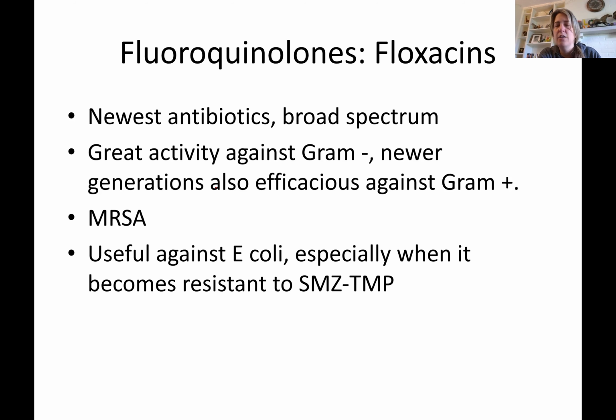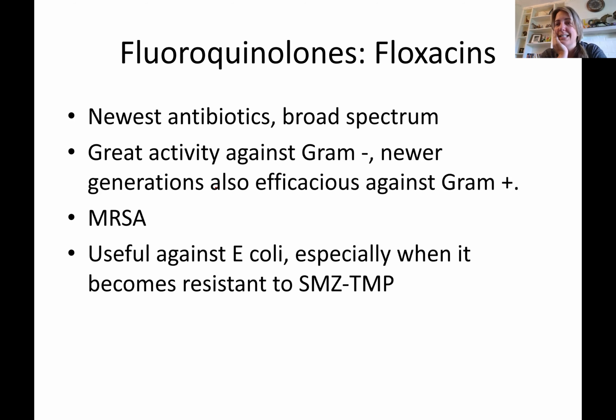The one thing about the floxacins is that they can cause a problem with tendons, okay? It's not toxic to the ears or kidneys, but it can destroy tendons. So generally, we don't use floxacins in young growing animals, so it doesn't destroy their tendons, and it's generally not used for long periods of time either.